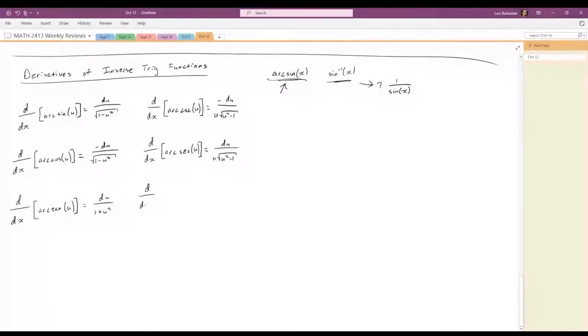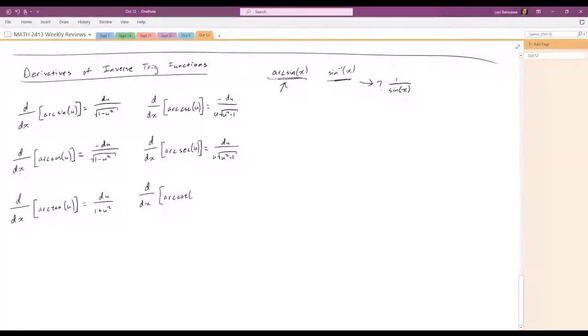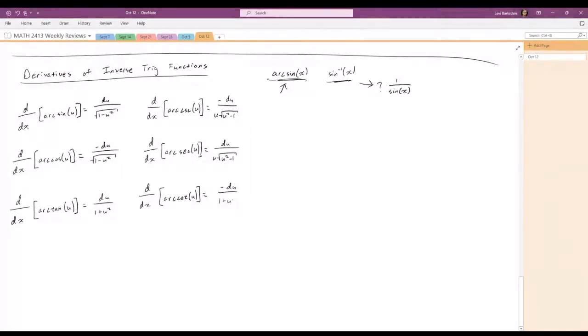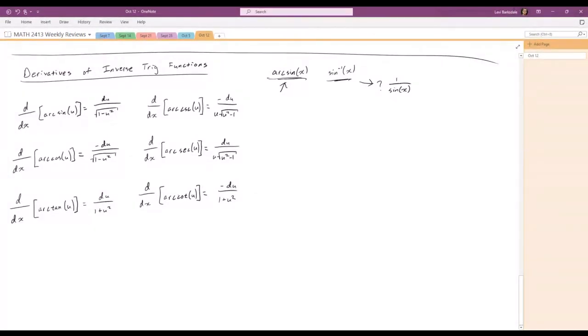And lastly, we have arc cotangent. And this one is just like negative arc tangent. All right, so there's your 6 inverse trig functions and their derivatives.